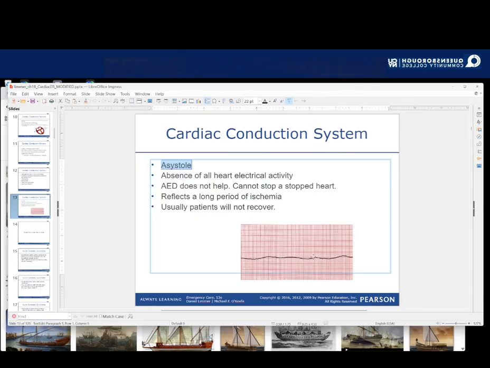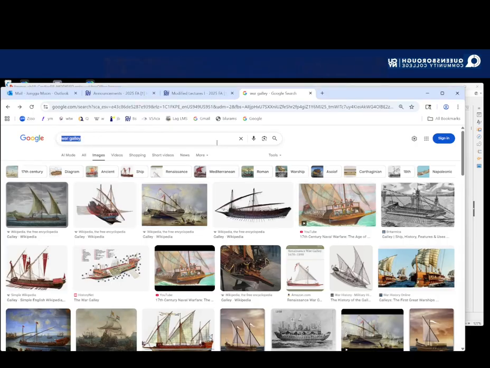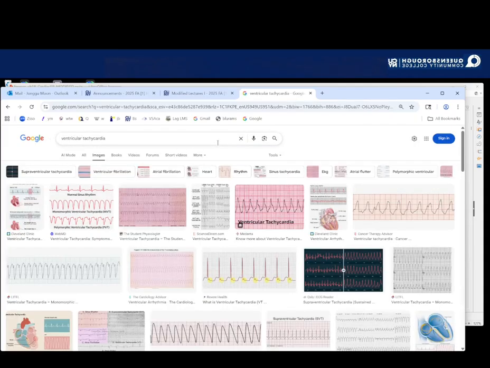It's a movie, it's a TV show, and they know that the general public knows nothing about this. So if you try to show VFib or VTAC, then the audience is going to get confused. They're going to look at each other as they're passing the popcorn, and they're going to say, is that bad? I don't know. Well, let's bring one up, right? So let's say ventricular tachycardia. Let's bring up an example of that.